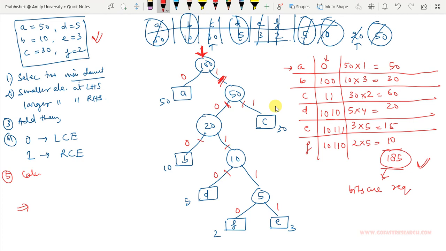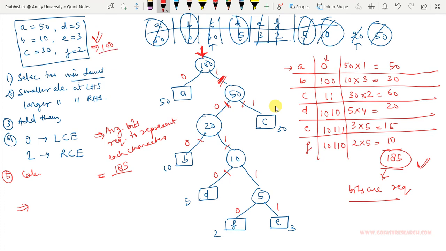The second question that can be asked is what is the average bits required to represent each character? The formula is: average bits required to represent each character is equal to the total bits required to represent the message, 185, divided by total characters.